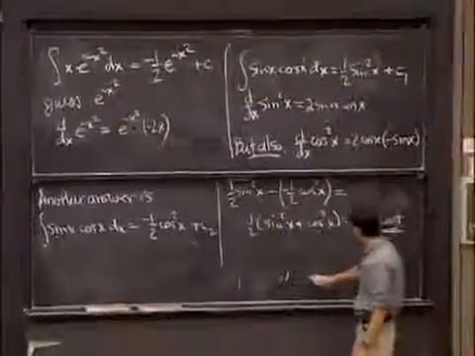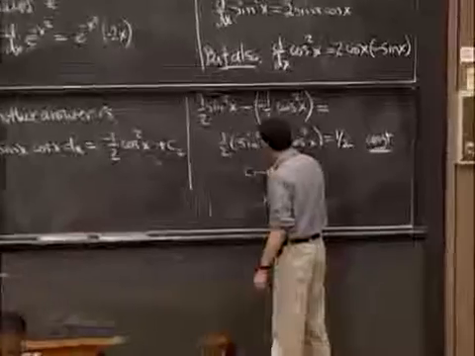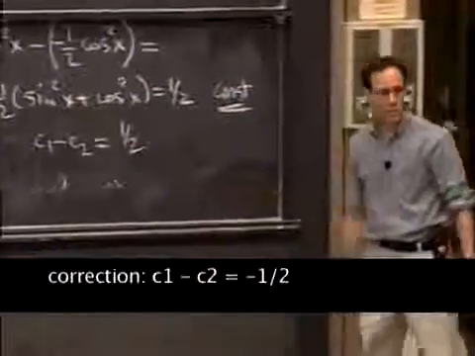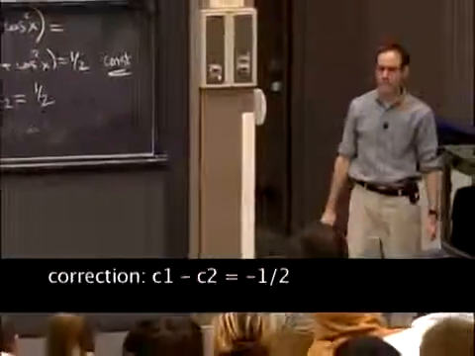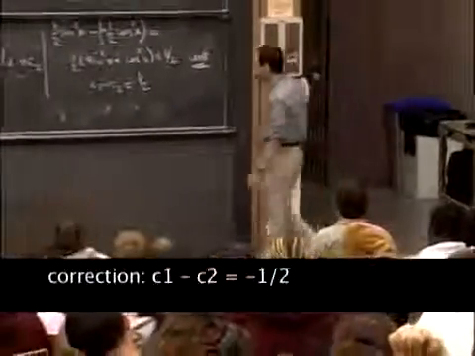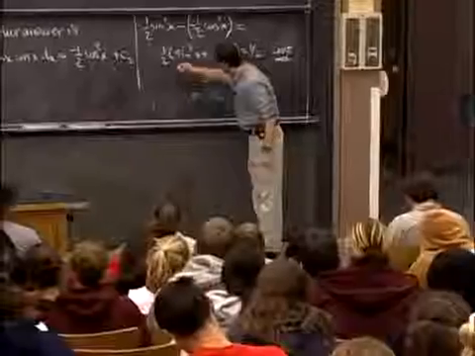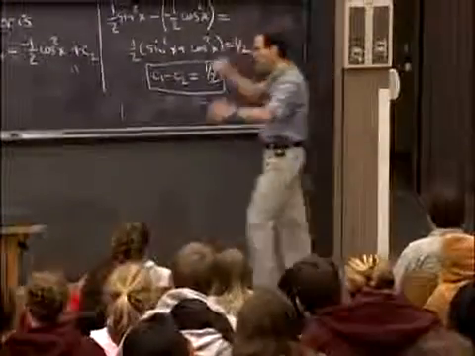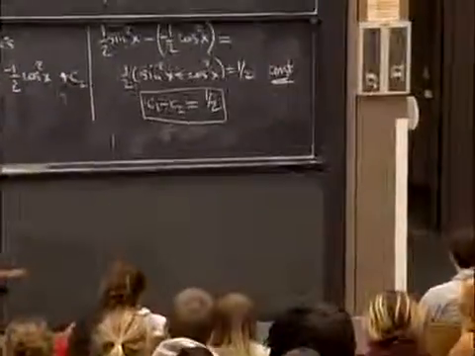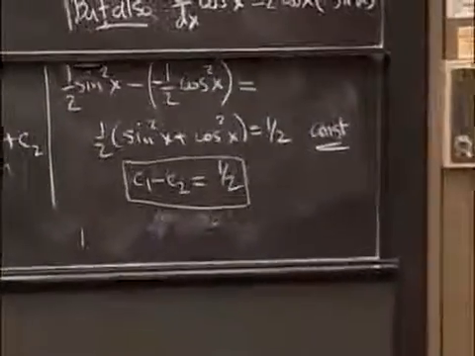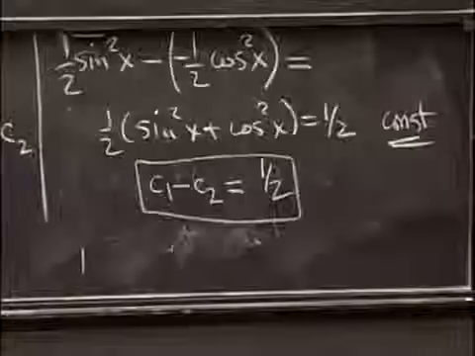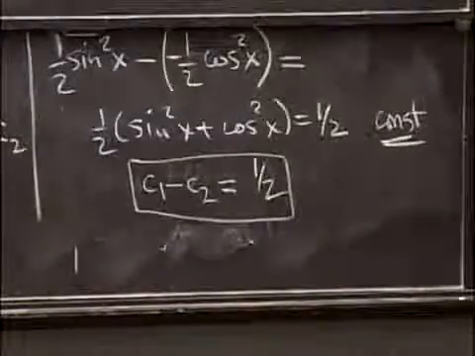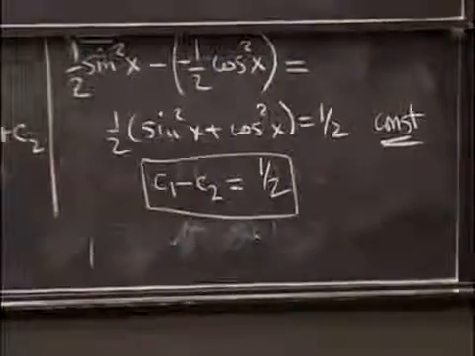Well, if you do the subtraction, C1 minus C2 has to be equal to a half. They're both constants, but they differ by a half. So this explains, when you're dealing with families of things, they don't have to look the same. And there are lots of trig functions which look a little different. So there can be several formulas that actually are the same, and it's hard to check that they're actually the same. You need some trig identities to do it.